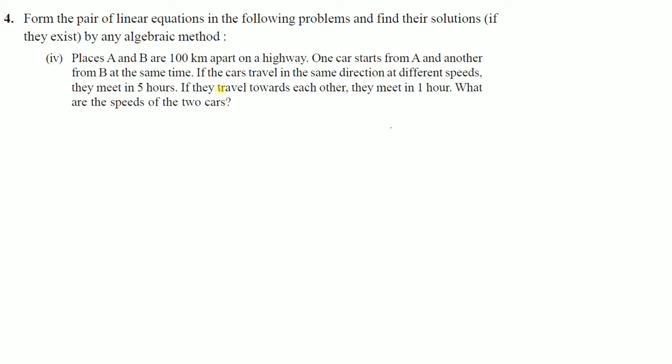Now the second condition: if they travel towards each other. Suppose car A is here and car B is here, and the distance between them is again constant, only 100 km. Now this car starts towards this direction, the opposite direction now, and this car also starts towards A. So they meet in 1 hour.